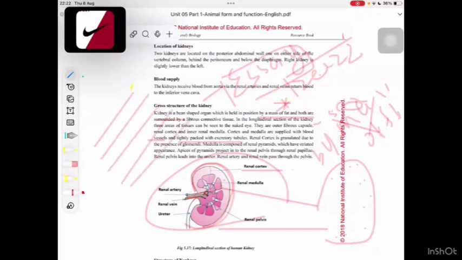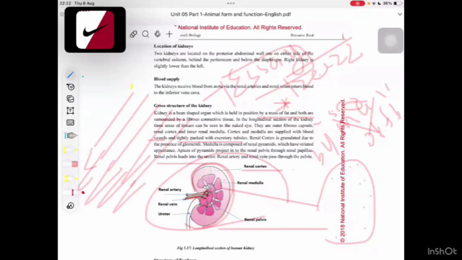The pyramids have their ends like this, and they get projected into the renal pelvis area through the renal papillae.